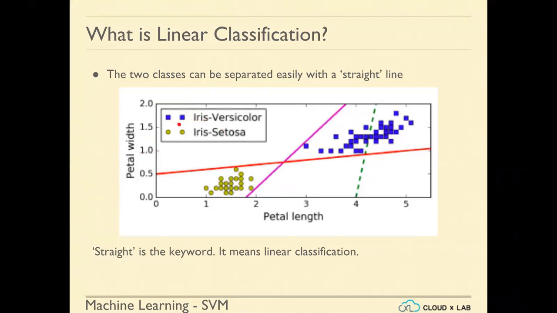The square one is versicolor, and the round one, the circle one, is setosa. Now, these two can clearly be separated with a straight line. Out of these three lines, which one do you think is the best one separating them?